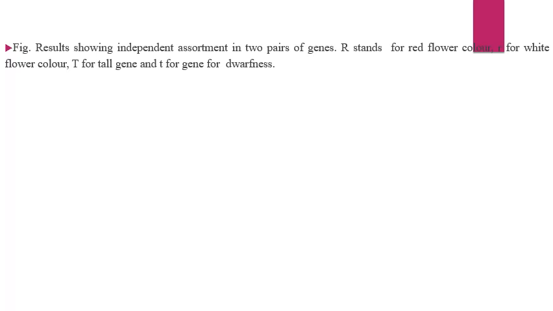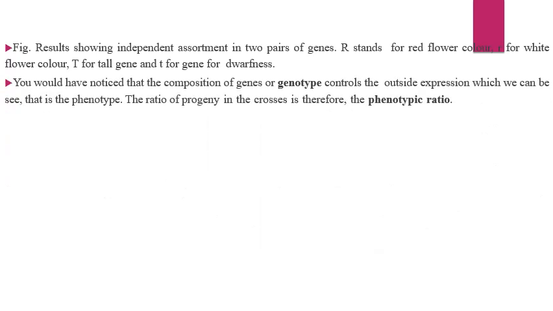The results show independent assortment in two pairs of genes. R stands for red flower color, small r for white flower color, capital T for the tall gene, and small t for the gene for dwarfness. You would have noticed that the composition of genes, or genotype, controls the outside expression, which we can say is the phenotype.